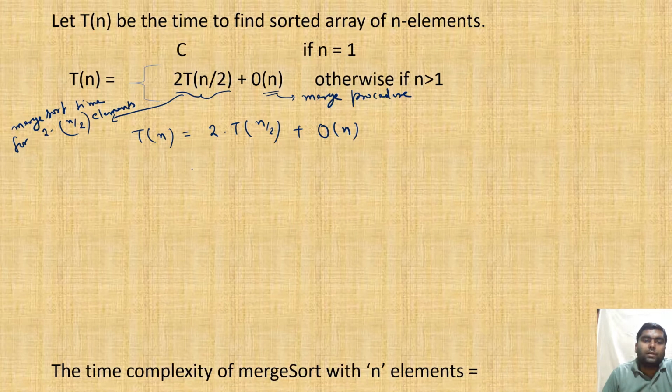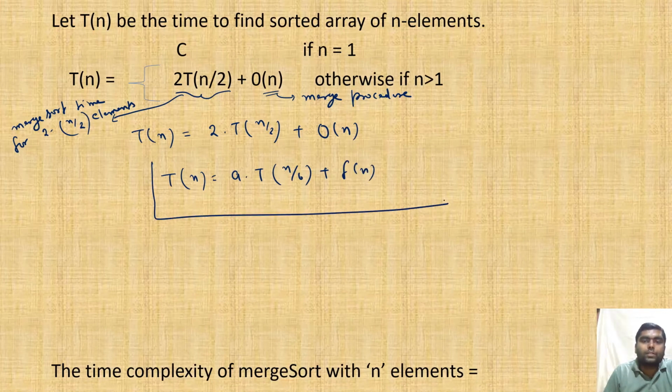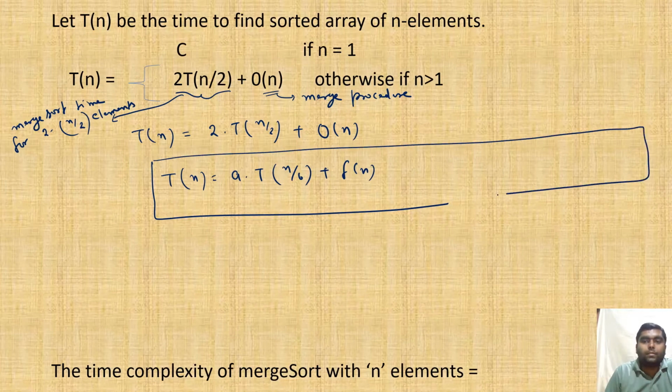It says T of n equals a times T of n by b plus some function f of n. According to the master's method, we compare n raised to the power log a base b.